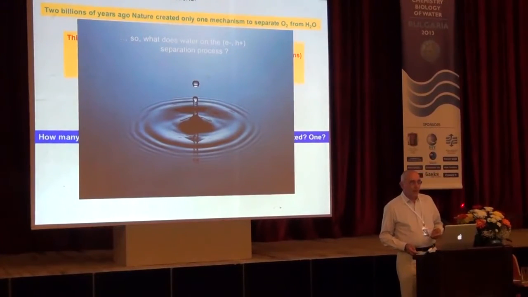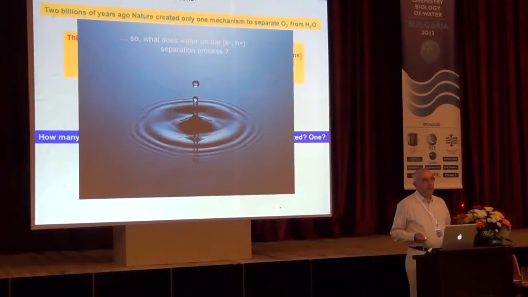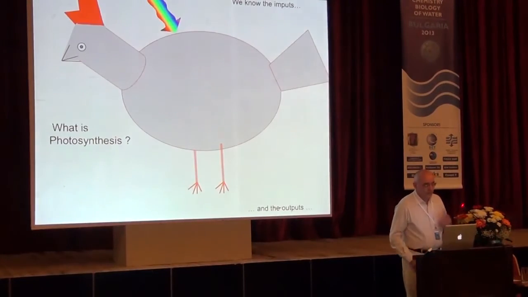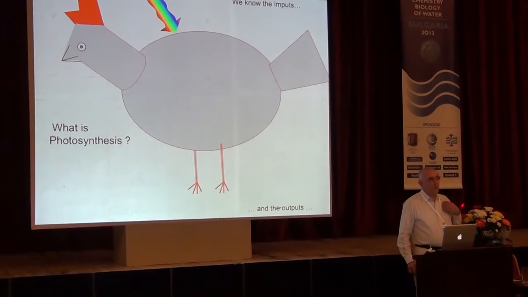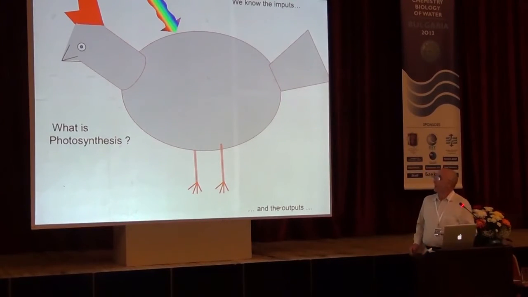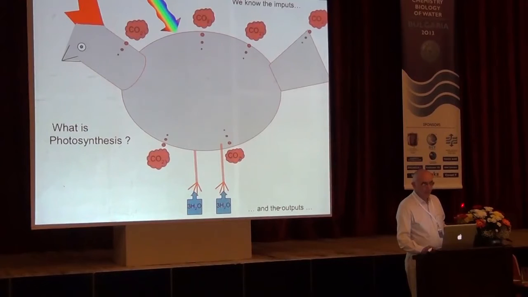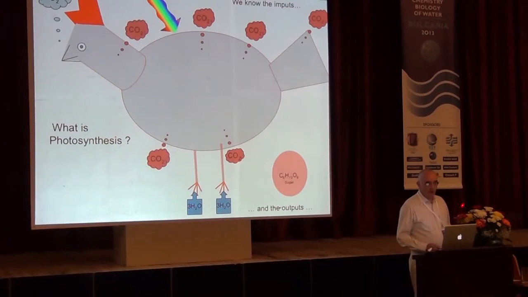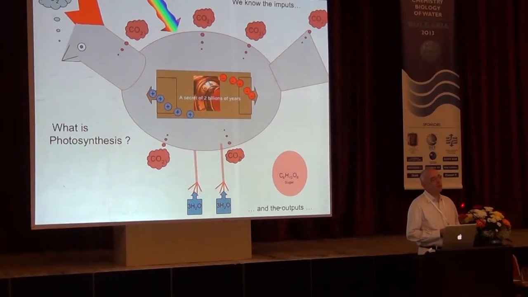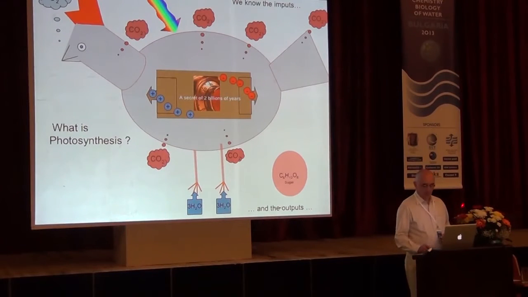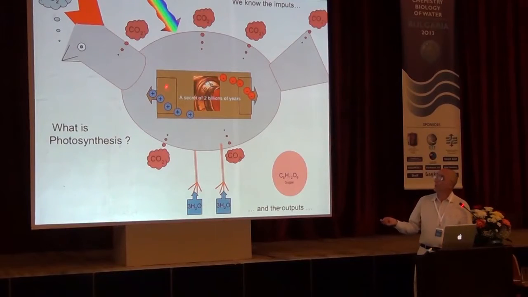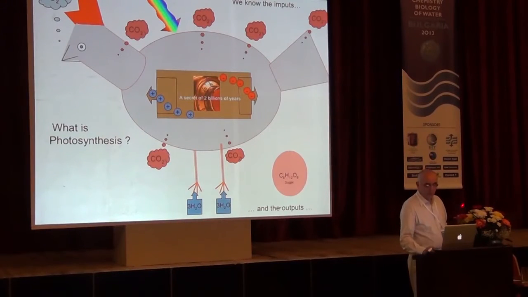And water: what's the role of water in the development of the photosynthesis process, of life, etc.? Photosynthesis is a beast that we think we know, because we know the input and we know the output. But there is a secret, a 2-billion-year-old secret process that we don't know, how to get negative charge separated from positive charge.